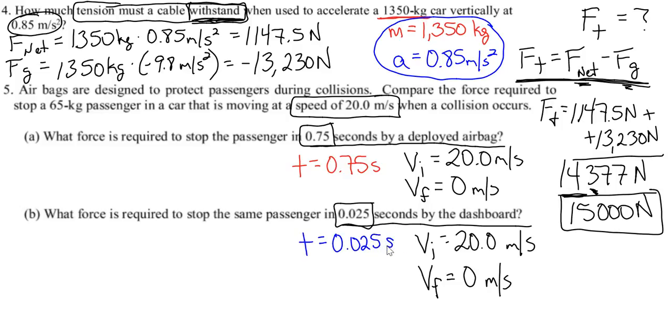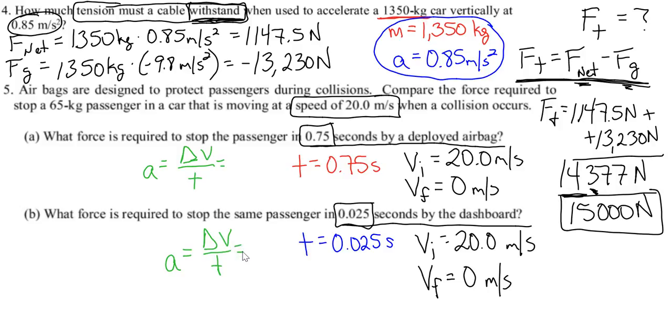So the acceleration is equal to the change in velocity over time. We're going to have a different acceleration for each of these because we have a different amount of time for each of those.